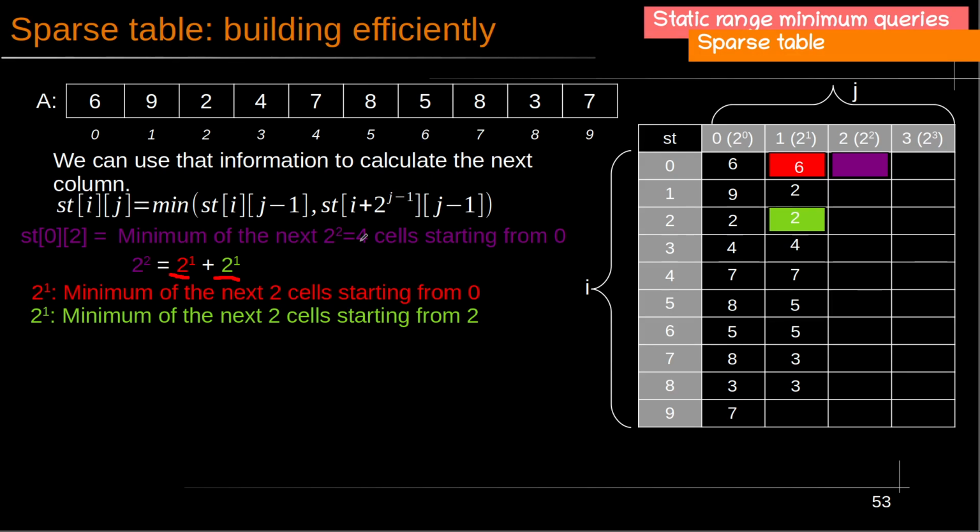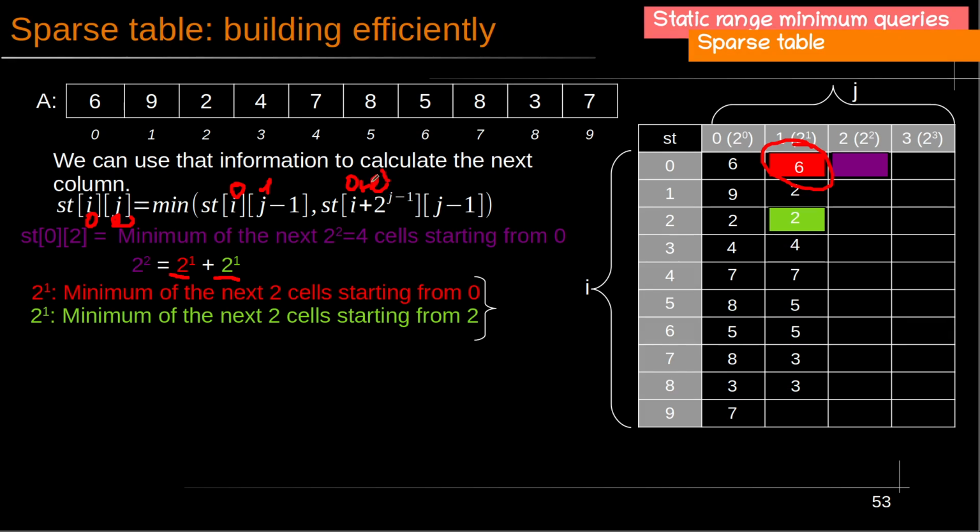We can compute this also using this formula. ST02 is equal to the minimum between ST01, which is the red one here, and ST of 0 plus 2 power j minus 1, j is 2 here, so j minus 1 is 1.